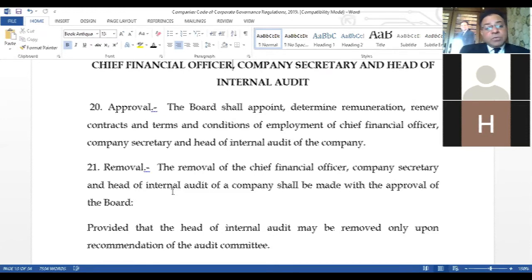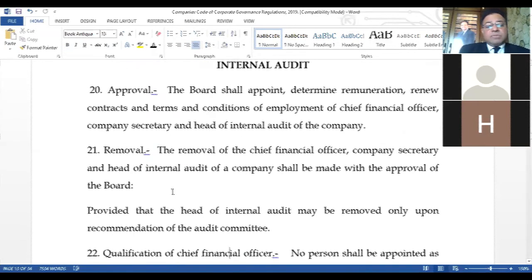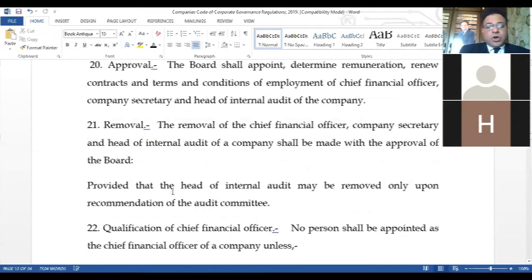The audit committee will give its recommendations to the board of directors, and in this manner, the head of internal audit can be removed from his office. So this regulation deals with the removal of head of internal audit.